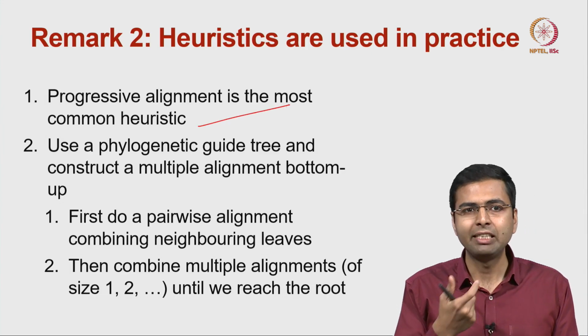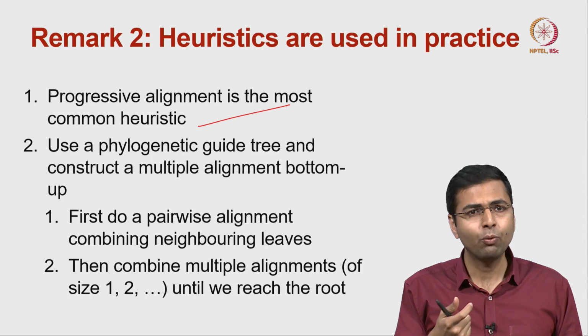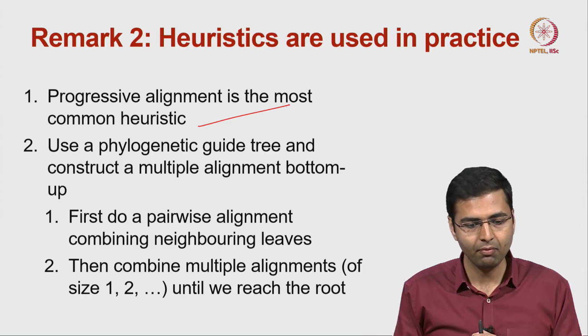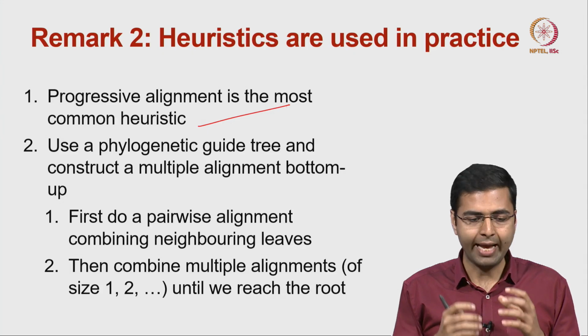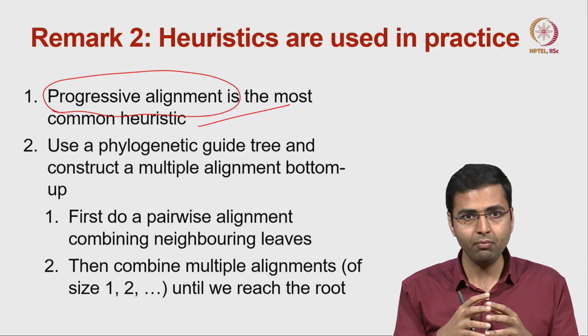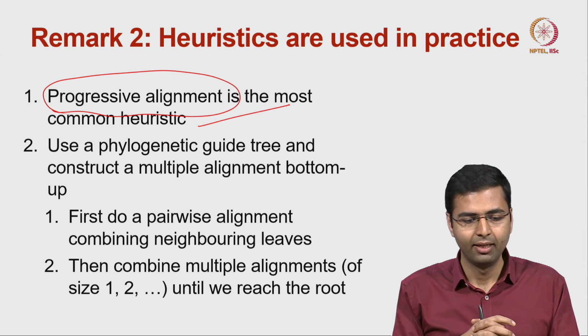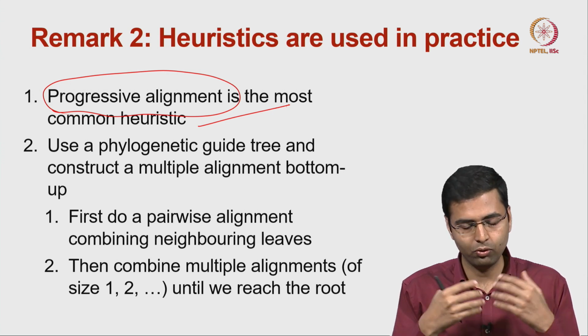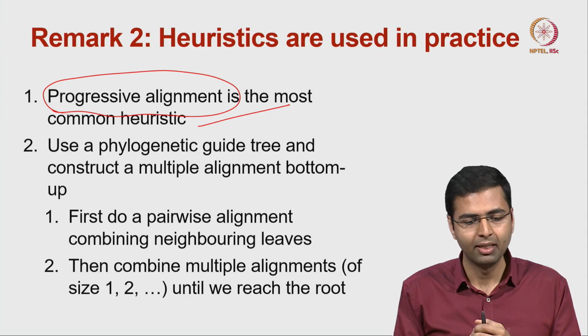So what do I mean by progressive alignment? Well, as the word suggests, we will build the multiple sequence alignment progressively. In this scenario, we will use a phylogenetic guide tree. So we will have a tree that will guide us on how to do the progressive algorithm.